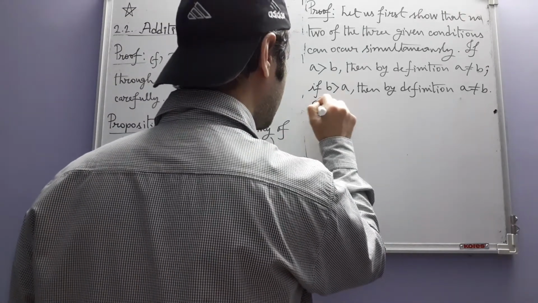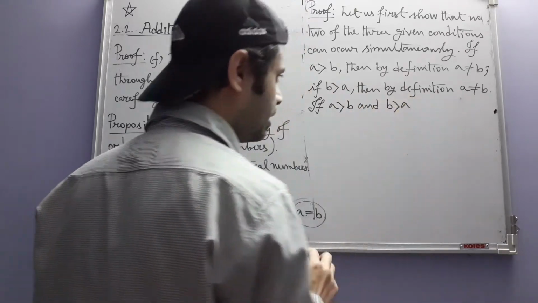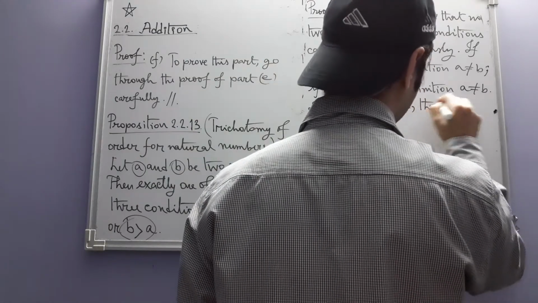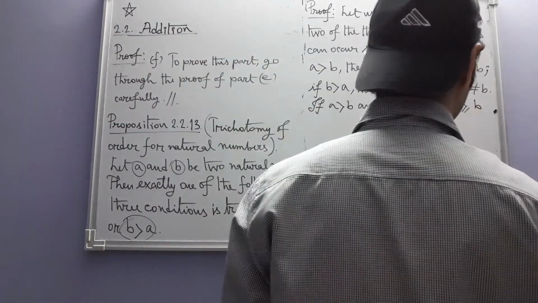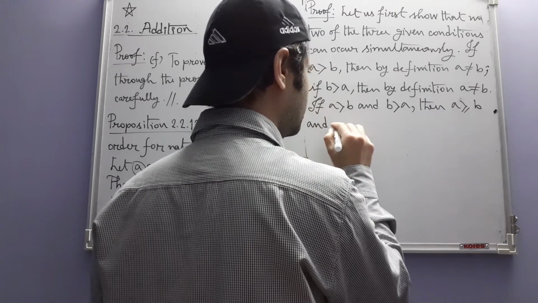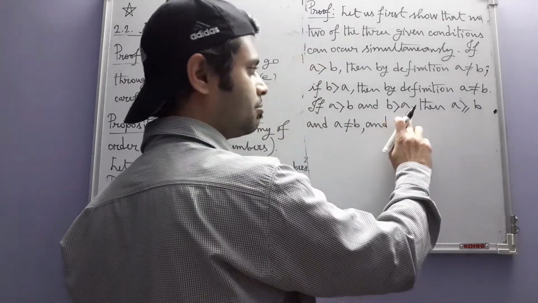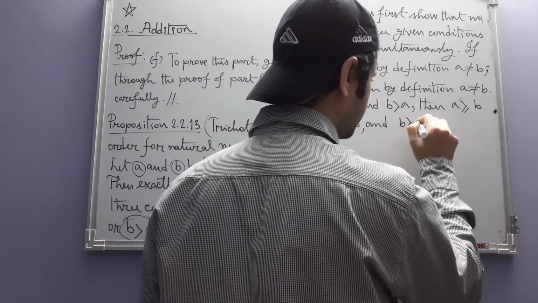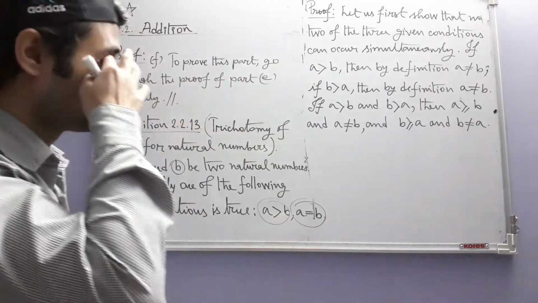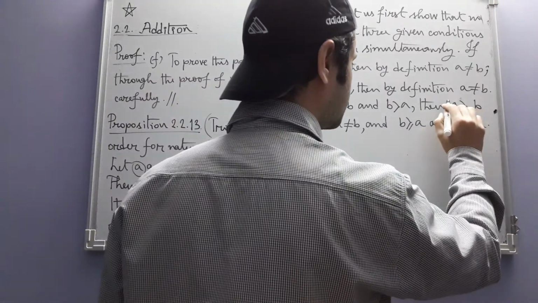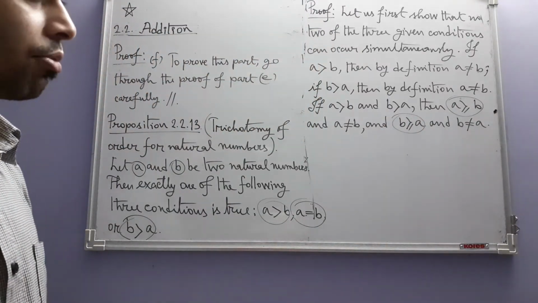If A is greater than B and B is greater than A, first of all, we write the meaning of this: A is greater than or equal to B and A is not equal to B. And then we write the meaning of this: B is greater than or equal to A and B is not equal to A. Now from these two relations, we have the fact that A is equal to B. Where is that coming from?